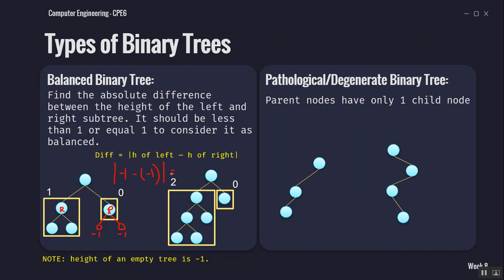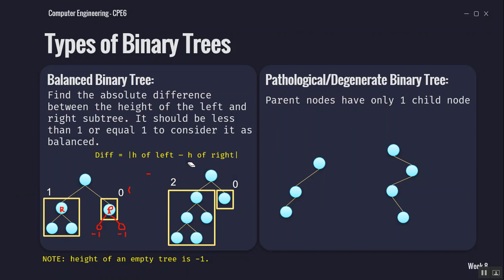Minus and minus is plus, so -1 plus 1 is equal to 0. So that's why this is 0. Okay, so let me erase this first.